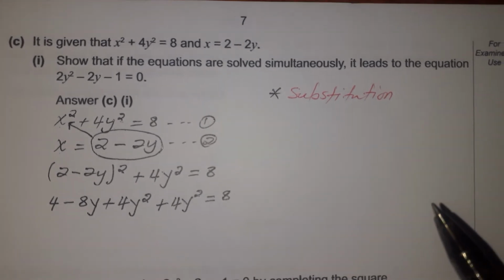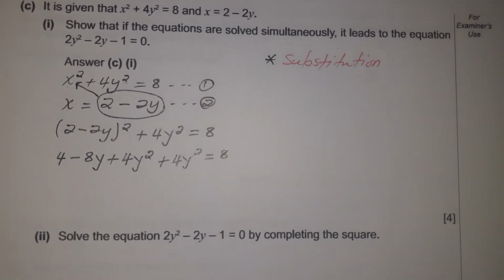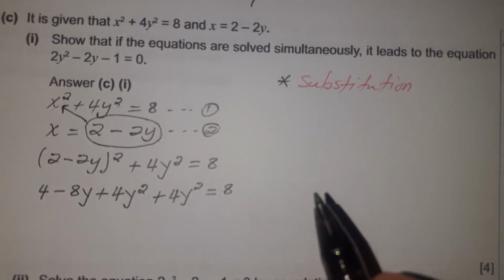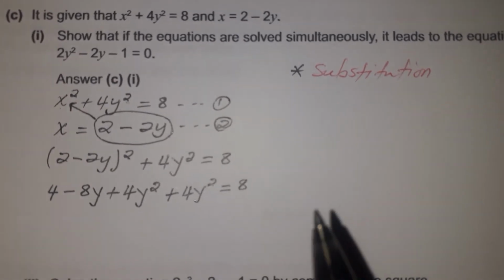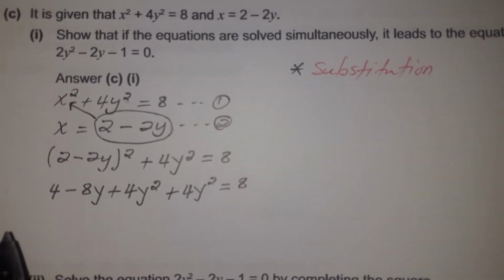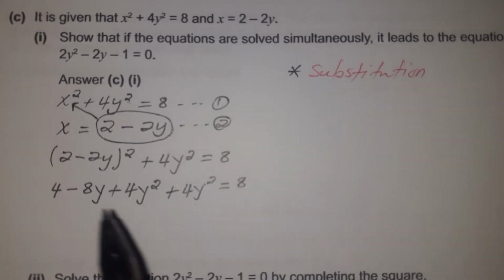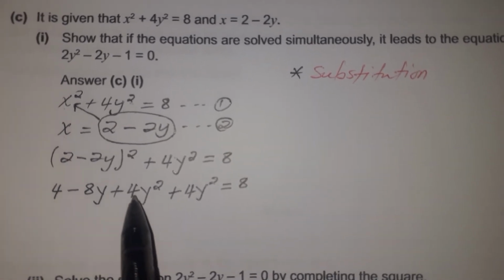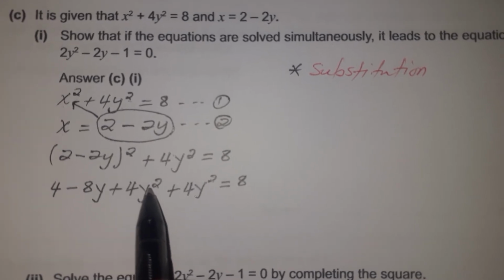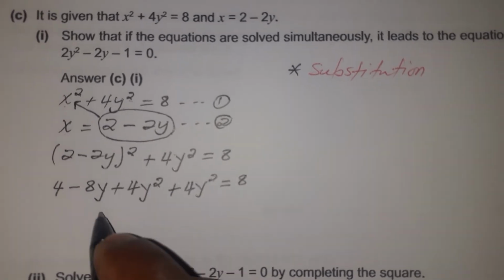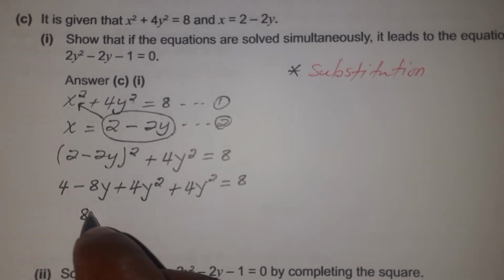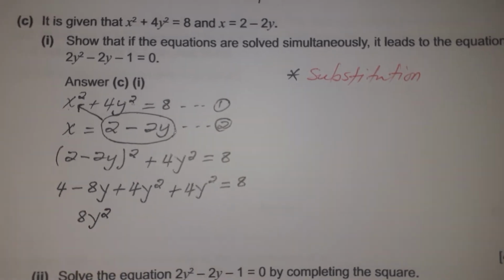Now we need to simplify by collecting like terms. To simplify this, first let's add 4y squared plus 4y squared to give us 8y squared.